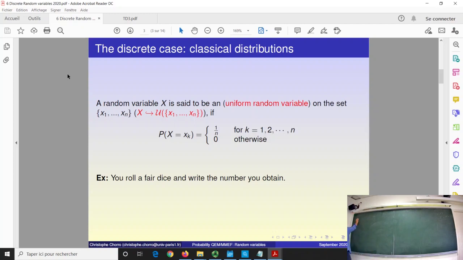So if X follows a uniform on x1, ..., xn, what is the expectation? It's a sum from i equal to 1 to n of xi, the set of my possible values, multiplied by the probability that X is equal to xi, that is equal to 1 over the total number of elements in my set.